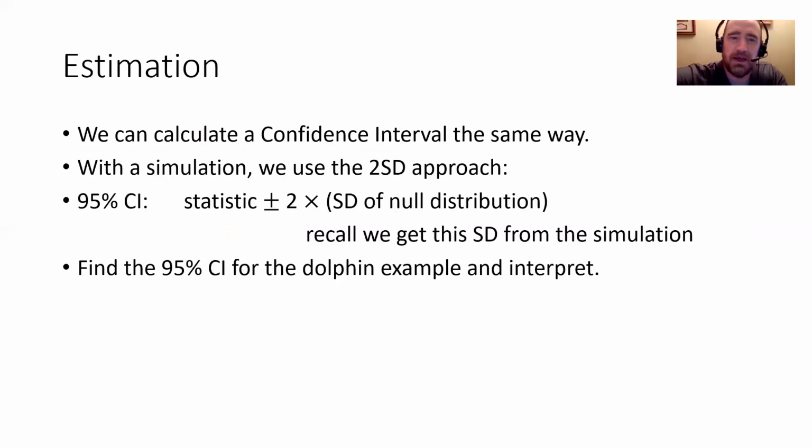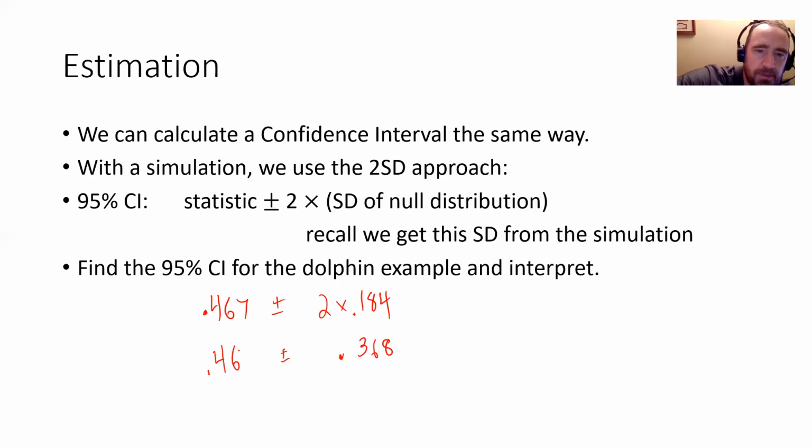So it's going to be our statistic, 0.467, plus or minus 2 times the 0.184. So 2 times 0.184 is going to be 0.368. And then I'm going to add and subtract it for my high and low.